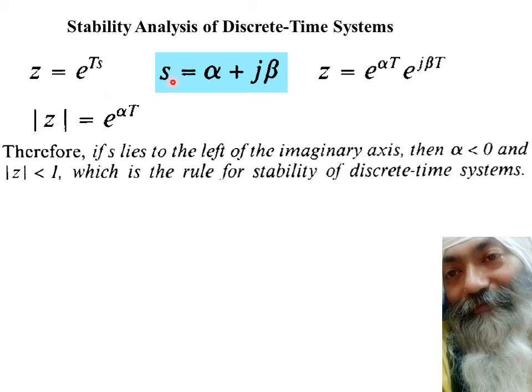And we already know that for s to be negative, if this alpha is negative, we are talking of alpha, then we say the system is stable, poles on the left, system is stable, and that can be mapped onto the z plane, and we can say that for magnitude of z less than 1, irrespective of its plus or minus, its magnitude is less than 1, system is stable, because in that case s is a pole lying on the left, and that is a stable system.